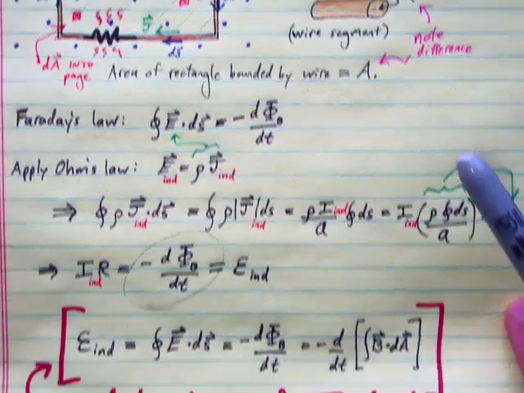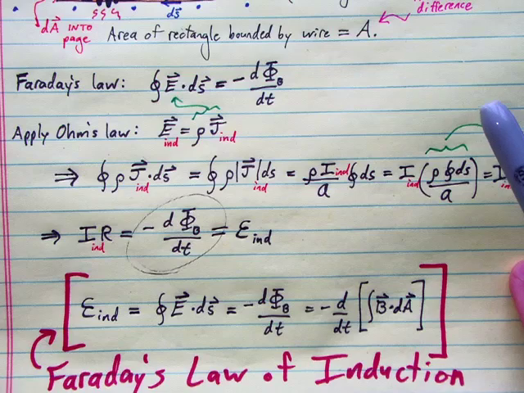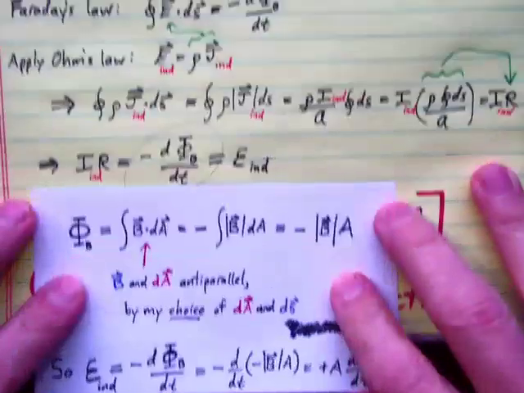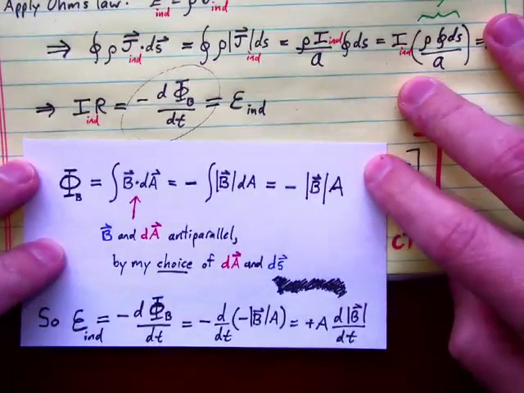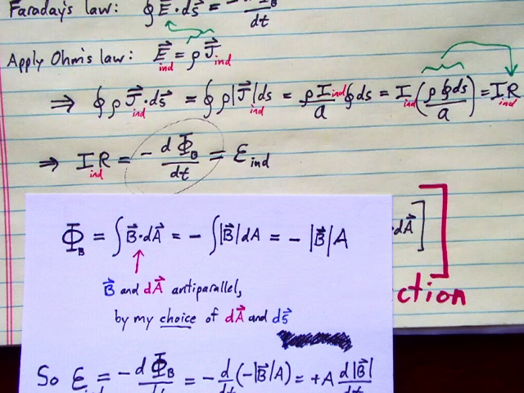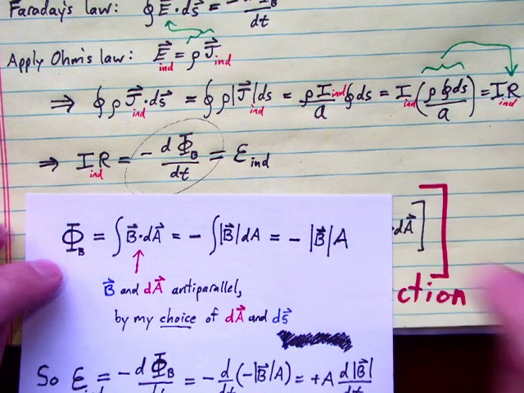And so, maybe one note here before we get to the big finale. I changed the direction of the dS and dA in this example, so I want to verify how our signs work out in this case. Let's go back up here to our picture.